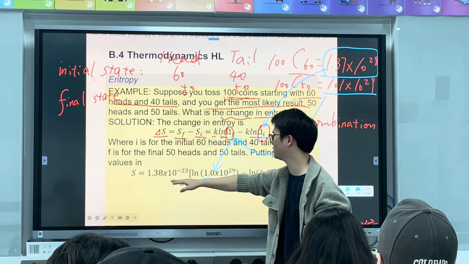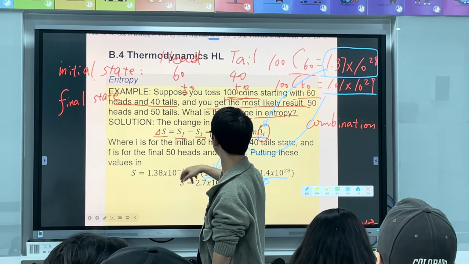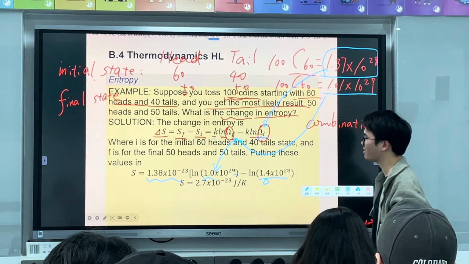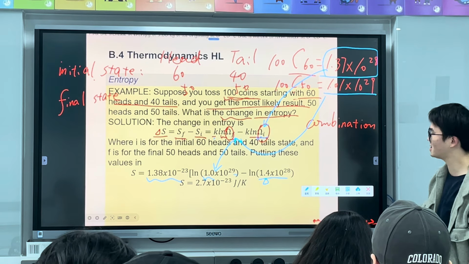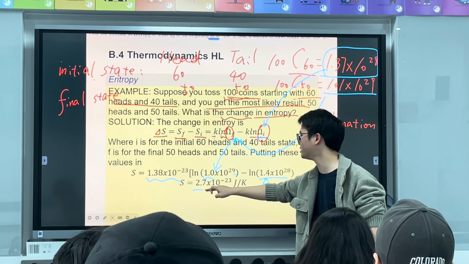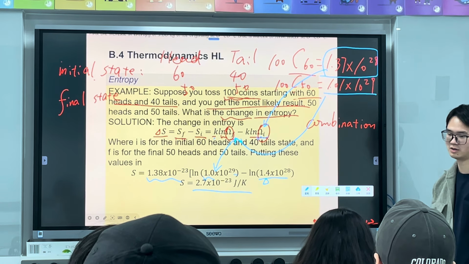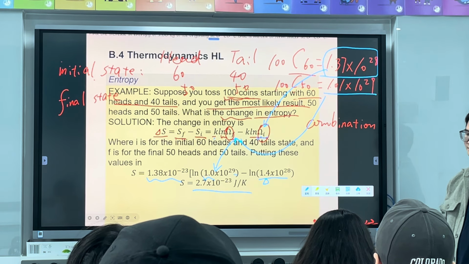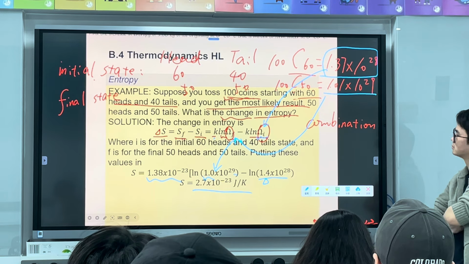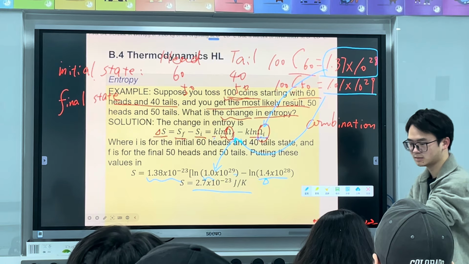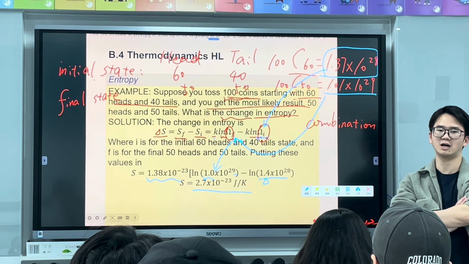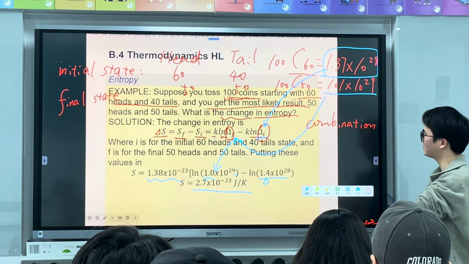And then you just need to plug in the numbers. kB is 1.38 times 10 to the power of negative 23, and then you take the log so that you get the final entropy. Okay, so that's how you can calculate entropy in this case.